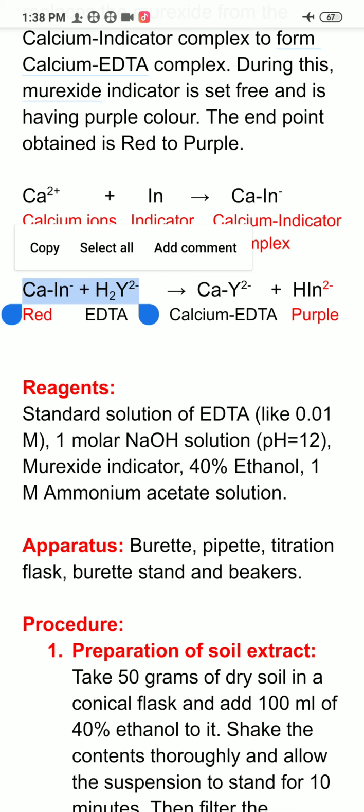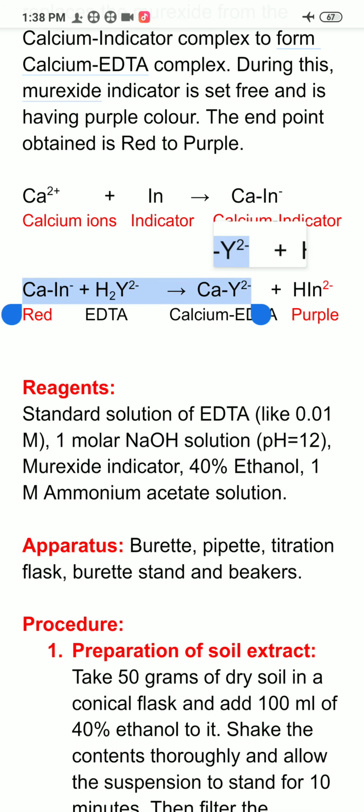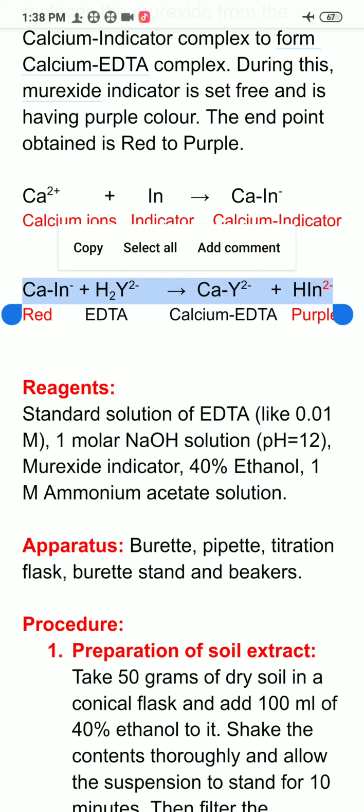So when disodium salt of EDTA from the burette is added to calcium indicator complex, EDTA replaces indicator murexide from the calcium ions and forms calcium EDTA complex, and murexide is set free.